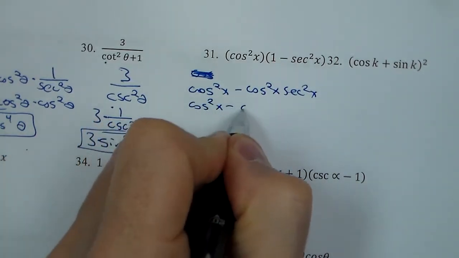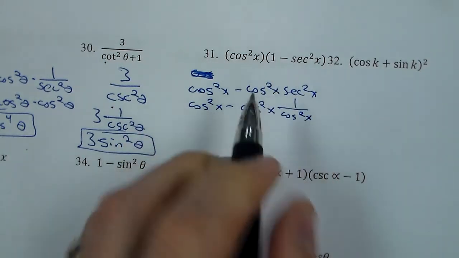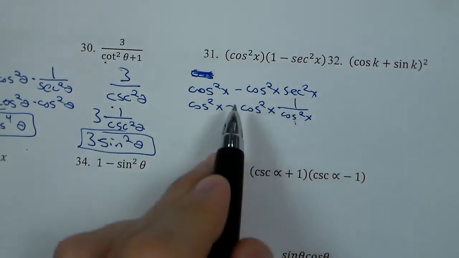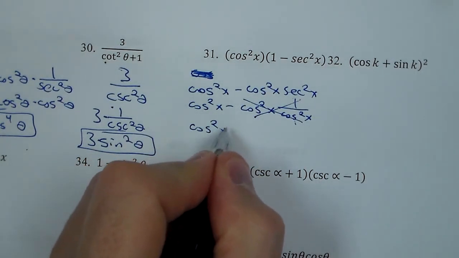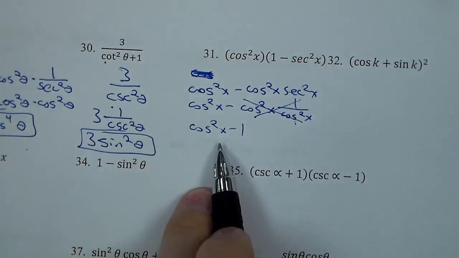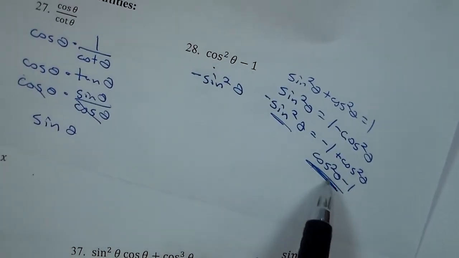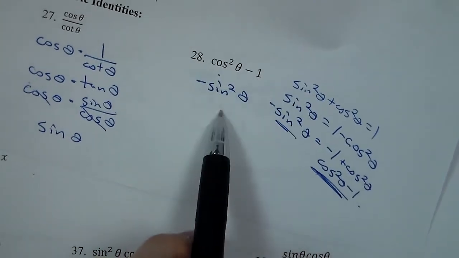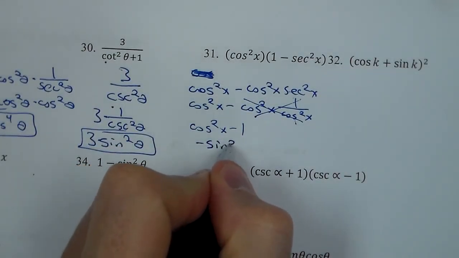Cosine squared x minus cosine squared x times 1 over cosine squared x, because secant is the reciprocal, basically turns this whole thing into 1, cosine squared x minus 1, which should look familiar because we had this earlier, that cosine squared theta minus 1 is negative sine squared theta, so then we can turn that into negative sine squared theta.